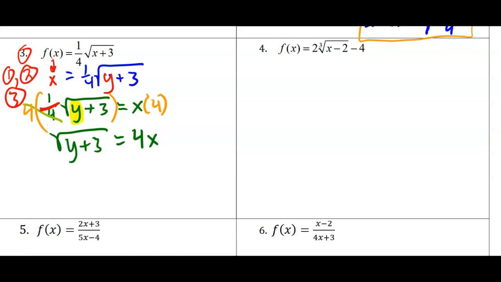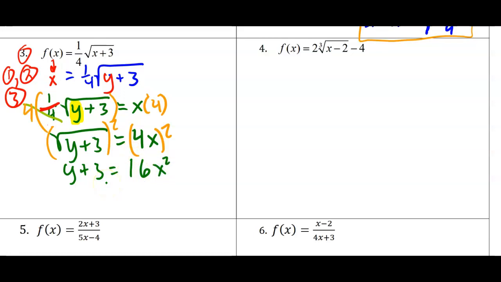Next step, I need to take the square root out because that is on the outside of everything. So that's next, okay? Because the 3 is inside. So what is the inverse of a square root? Is a square. So then what I have is y plus 3 equals, well, let's square that. I'm going to get 16x squared.